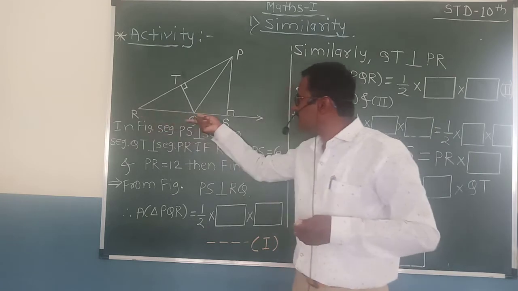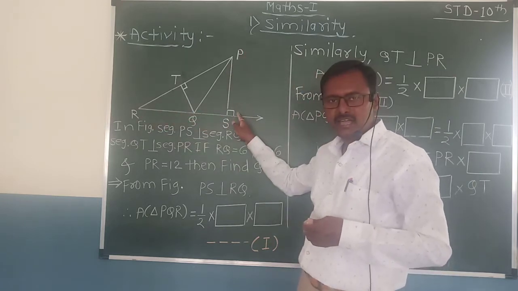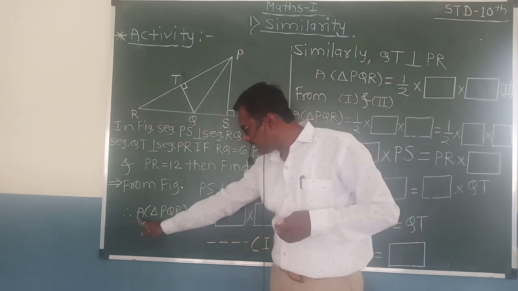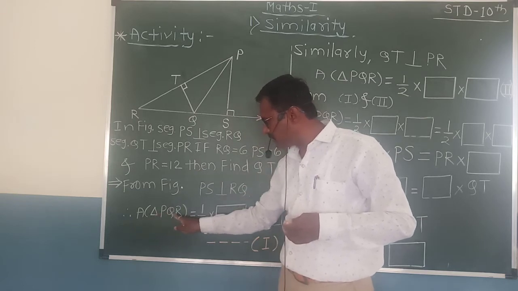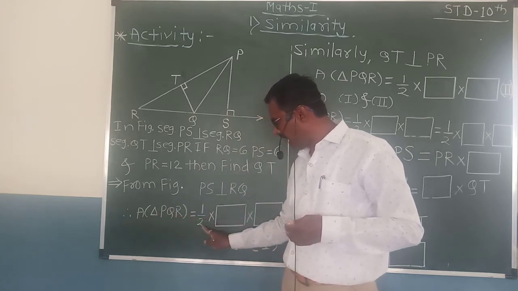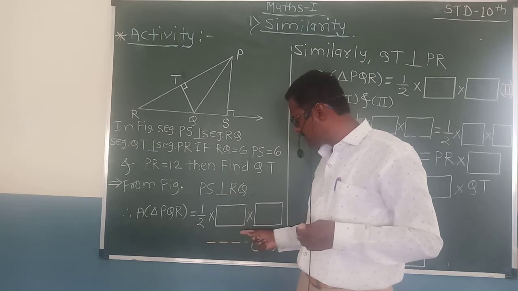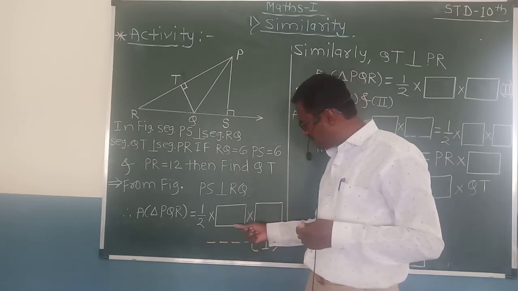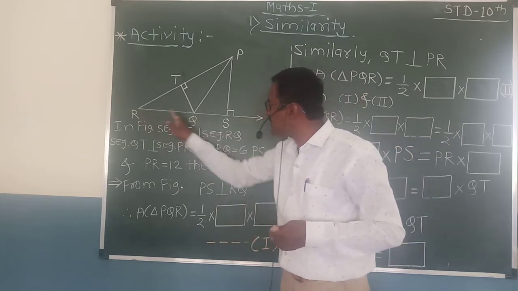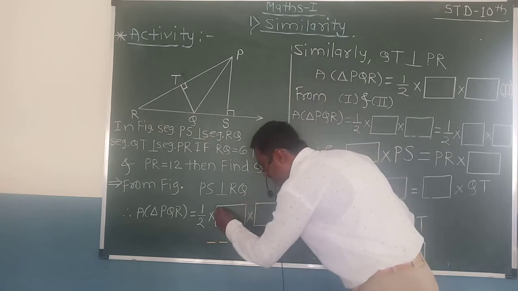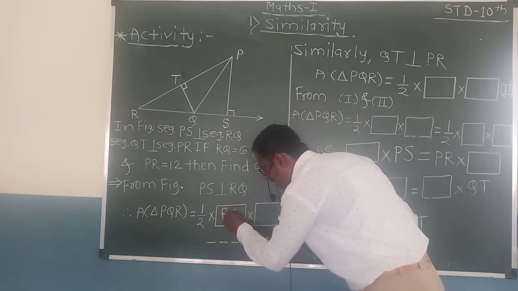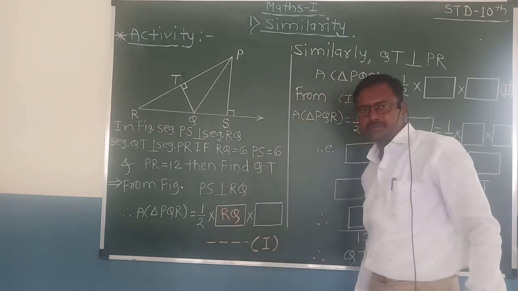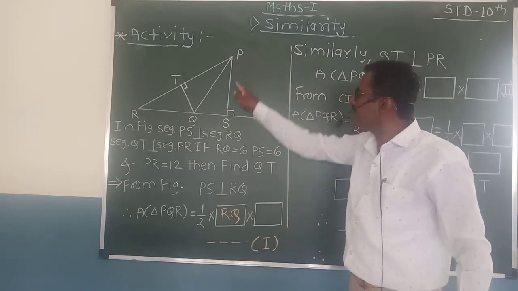Here is the base, here is the related height. So area of triangle PQR is equal to 1/2 into base into height. So base is RQ, so I am mentioning that term, RQ, into related height is PS.